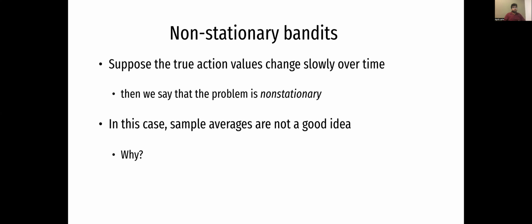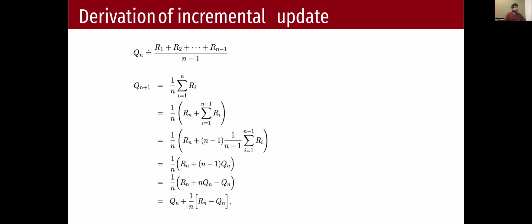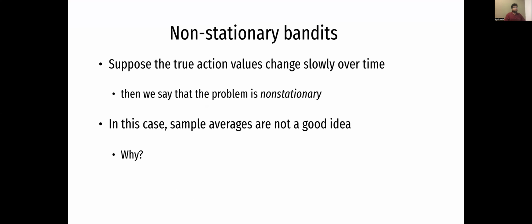So why are sample averages not a good idea in non-stationary bandits? In a stationary environment the true action values are constant, and the sample average of received rewards from an action provides an unbiased estimate of the true action value.